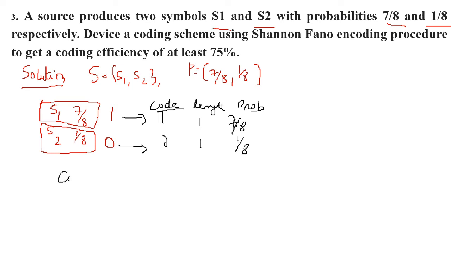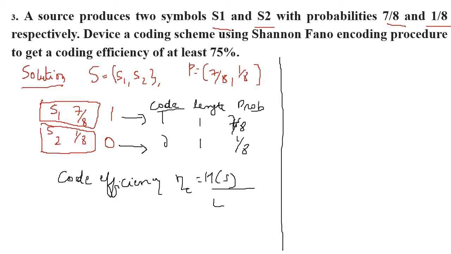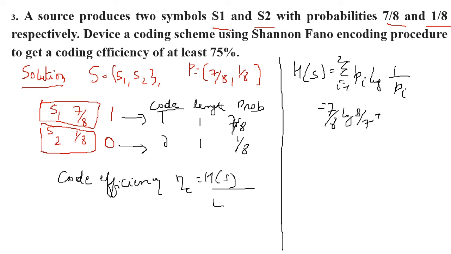Now the code efficiency for this Shannon's algorithm, eta C, is nothing but H(S) divided by L. H(S) is given by the formula: summation of i equal to 1 to 2 symbols, pi into log 1 by pi. Substitute the values of pi: 7 by 8 into log 8 by 7, plus 1 by 8 into log 8.